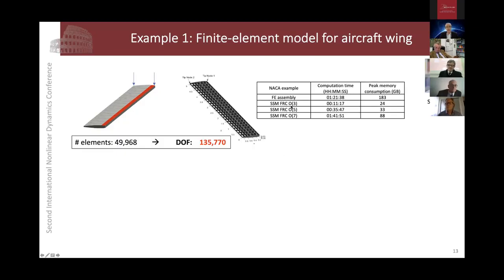So the mesh assembly was 1 hour and 21 minutes, which can be improved because we are not professional finite element developers, although this is Shobit's code and he's done a great job, but this can be further optimized. But the actual SSM calculation at order 3 took 11 minutes, at order 5, 35 minutes, and order 7, 44 minutes for this number of degrees of freedom.